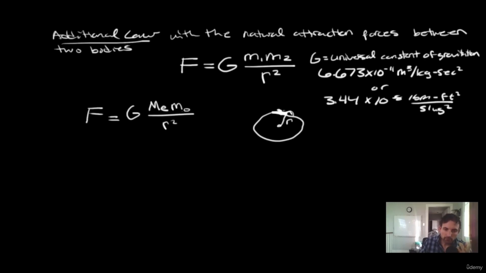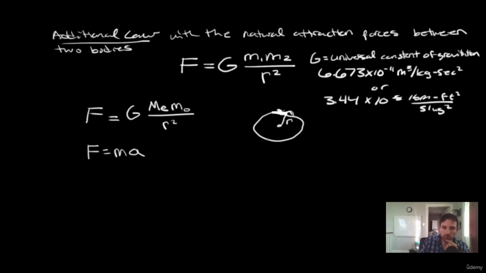Now, what we also know from Newton's second law is force equals mass times acceleration. So if I'm looking at the force being pulled on this object here, you can manipulate these equations, because this force is the force that the object is being pulled by.